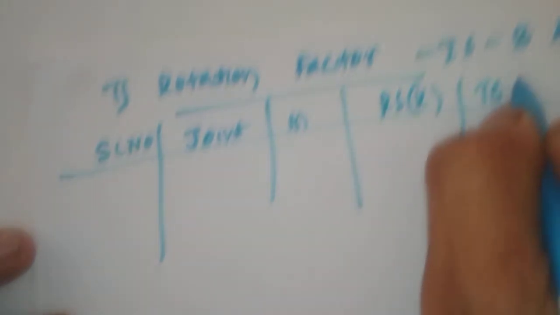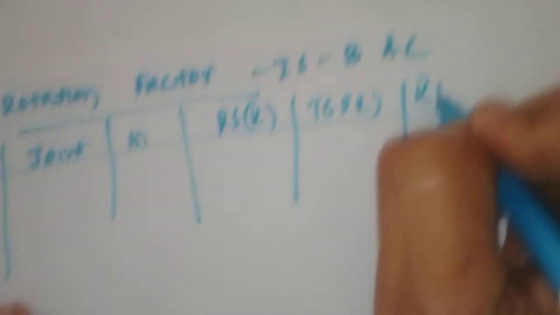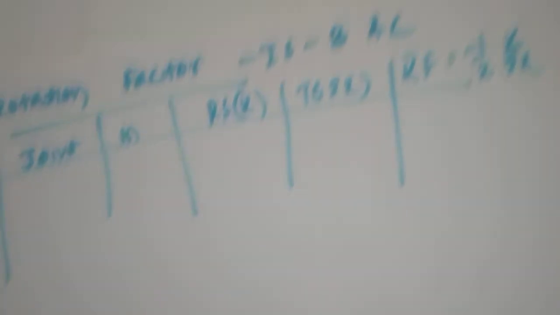Since we have two intermediate supports, B and C, make a table here: serial number, joint, member, relative stiffness K, total stiffness summation K, and rotation factor, which will be minus of half K divided by summation K. To start with the calculation, note down the serial number.